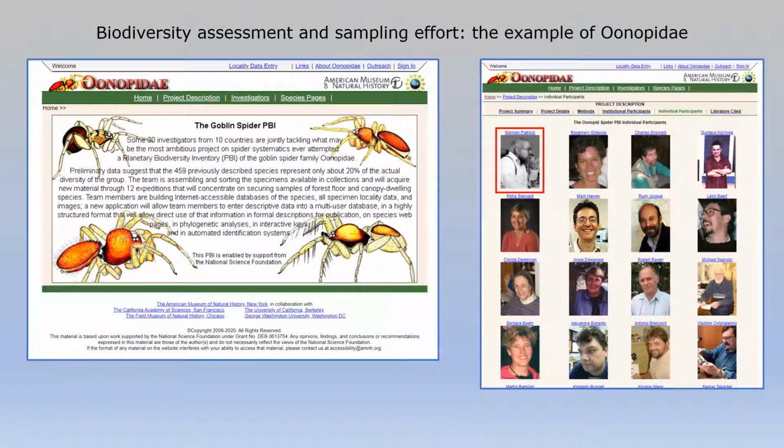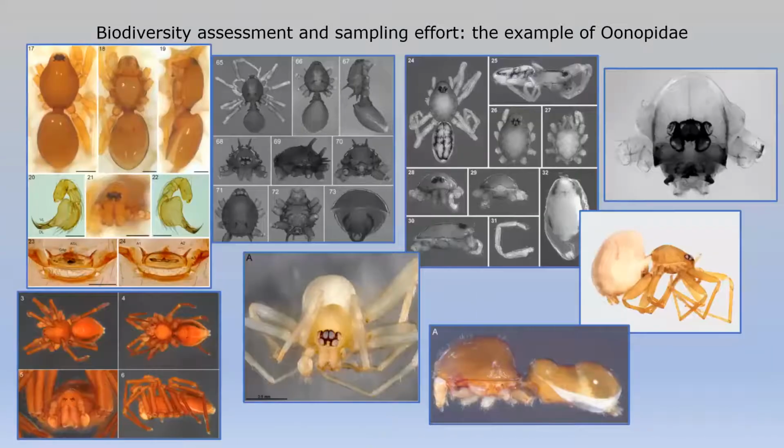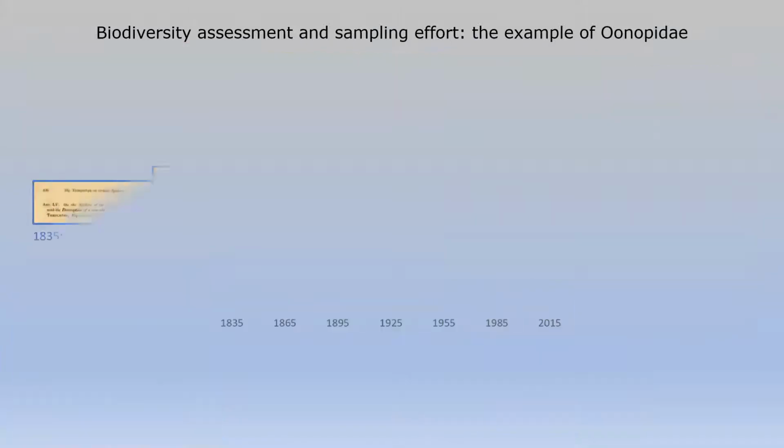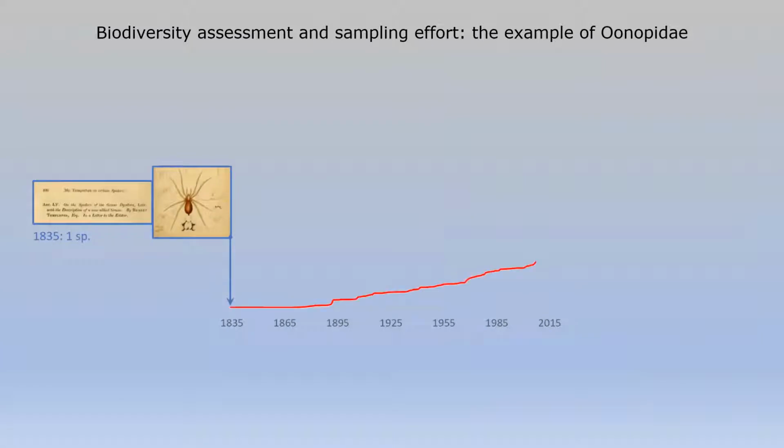As a result, we discovered an impressive morphological diversity in the group as illustrated by these photos. And of course, we discovered an impressive taxonomic diversity. So, if we had just 444 species known by 2007, with the PBI, we reached over 1,800 species known today.